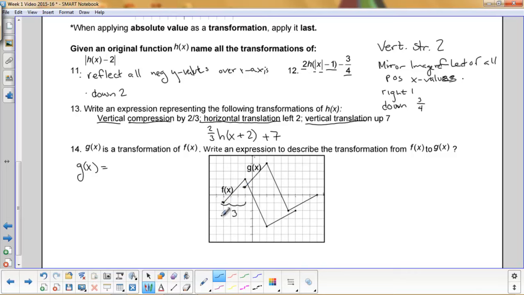Well, that's 3 units right. And then I'm going to go here, 1, 2. Well, that's 2 units up. So that means that the up goes on the outside, the right goes on the inside. So g of x is going to be f of x after I make some transformations to it. Remember, opposite of what I think on the inside, and then the same of what I think on the outside. And there is your movement.